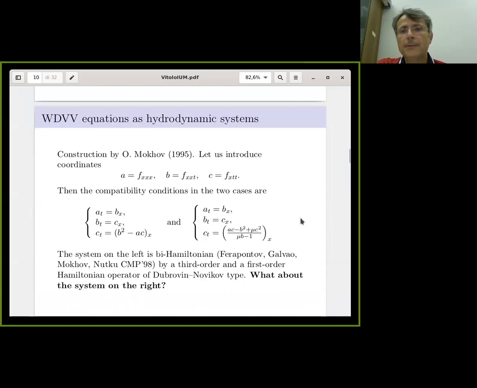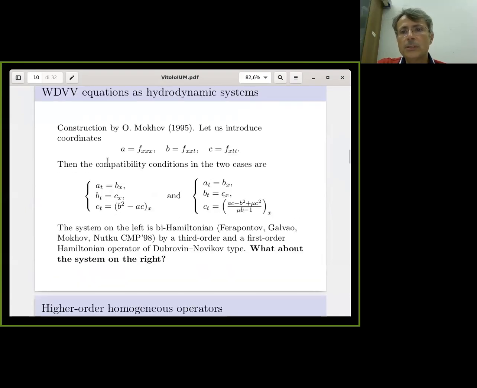So when you introduce these new coordinates, then you have compatibility conditions, because you see that AT should be equal to BX, because, okay, this is just a theorem about commutativity of derivatives. But this is also a conservation law. And then you have another conservation law, because you have BT equals CX.